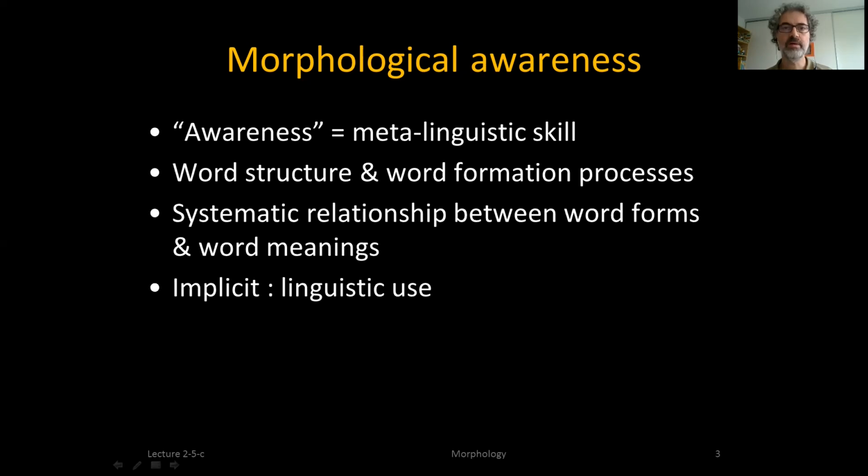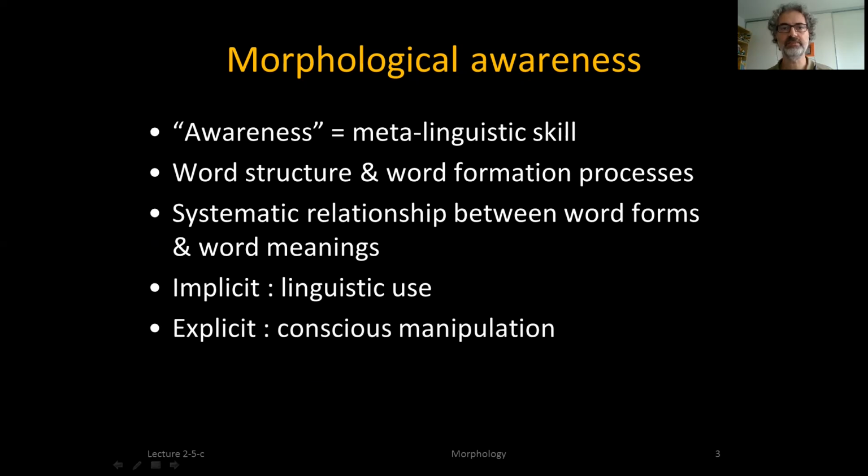Implicit knowledge is about language use, which is communication, but explicit knowledge is about conscious manipulation. It's when you don't treat the language elements for communicating, but you treat them as objects in themselves and you basically play with them. So morphological awareness is at the explicit metalinguistic level.